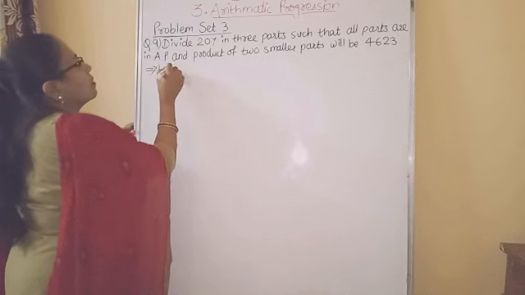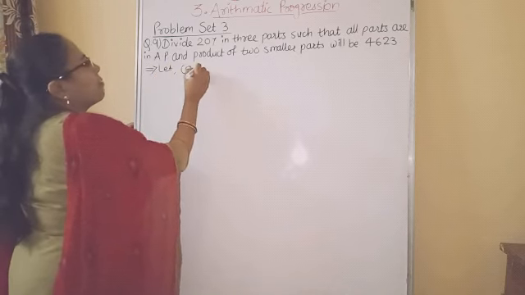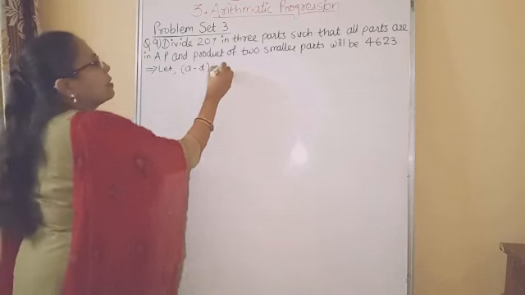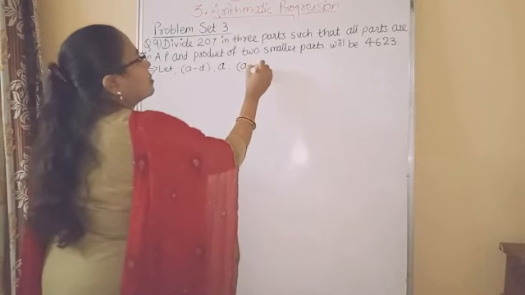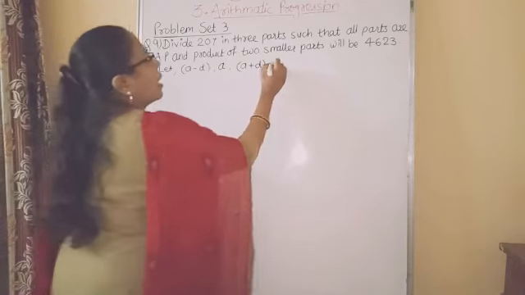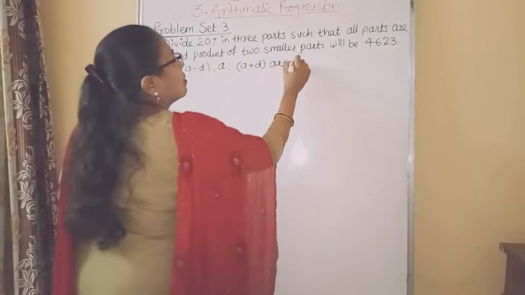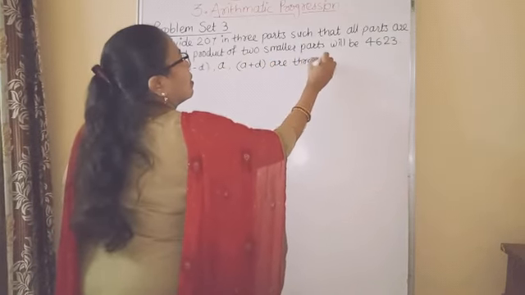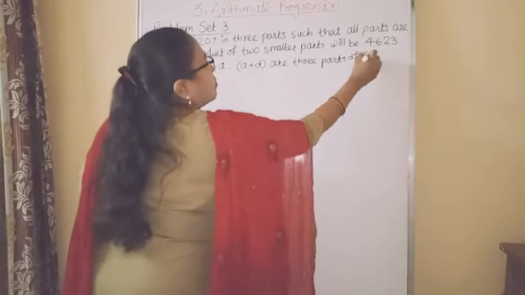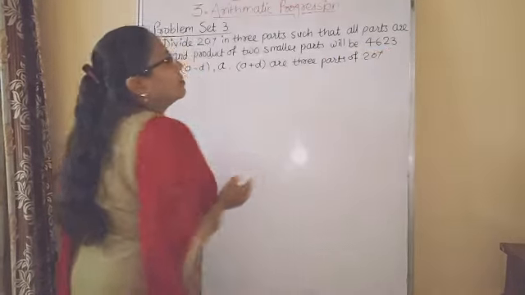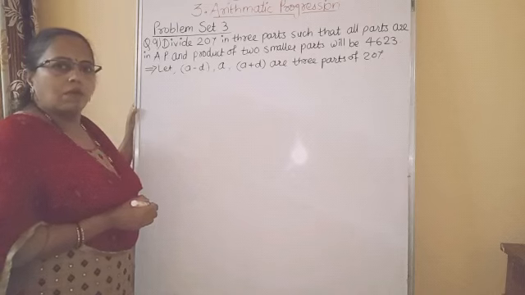Let A minus D, A, A plus D are 3 parts of 207. Okay.